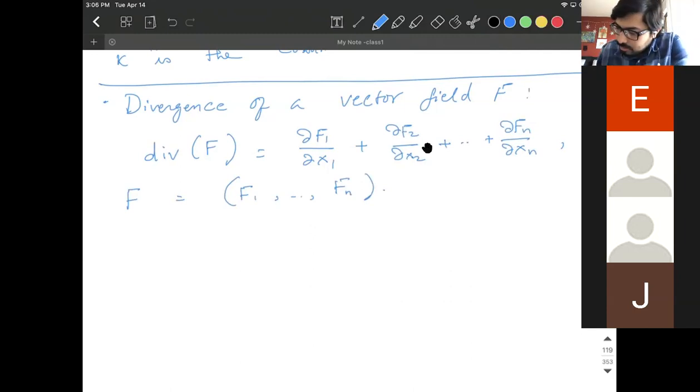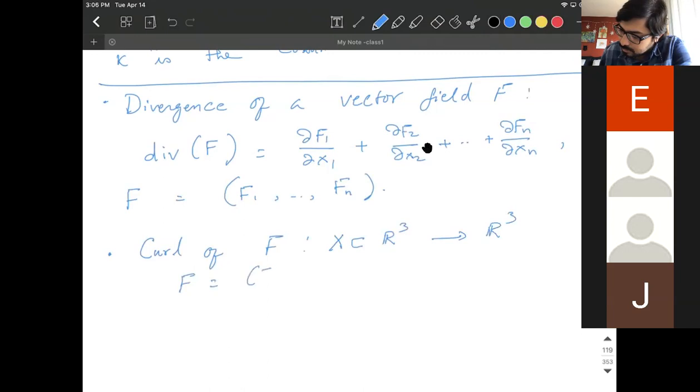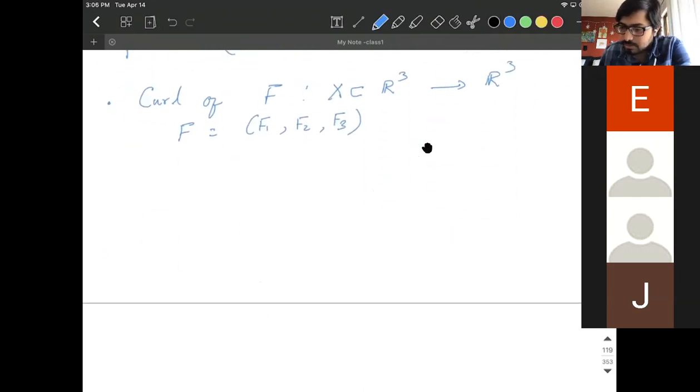And one more definition, that of a curl. So F has three components, F1, F2, and F3. So in that case, you can define the curl.